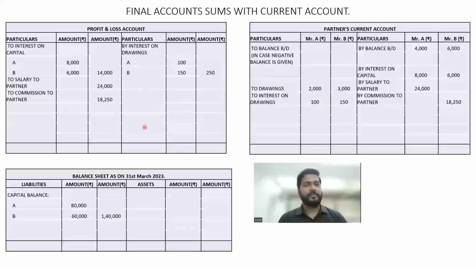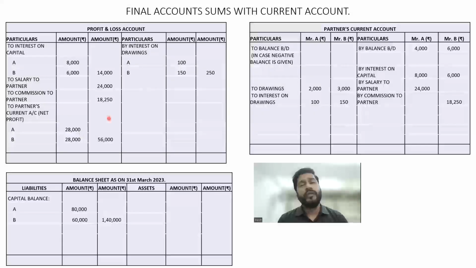Suppose in this example, the net profit comes around 56,000. Then 56,000 equally divided between A and B will give us 28,000 each. This net profit will come on the partners' current account credit side.